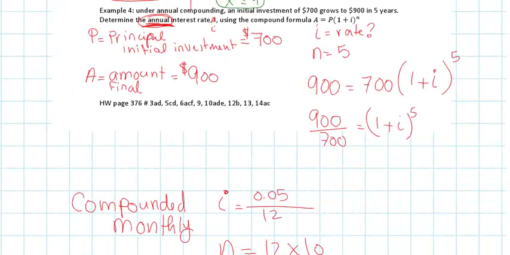So how would I bring the 5 to the other side? The fifth root. I'm getting rid of that power of 5, right? So I have to fifth root both sides.